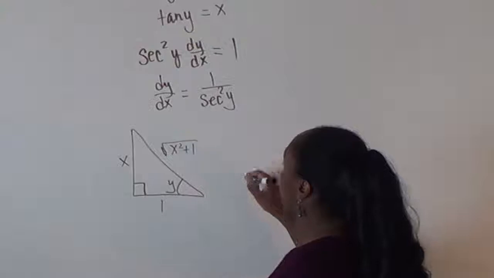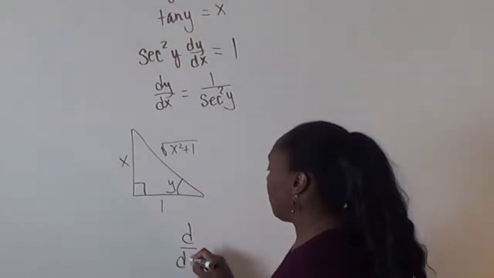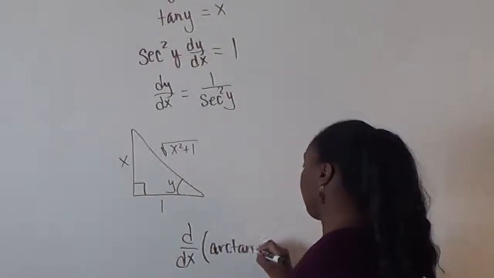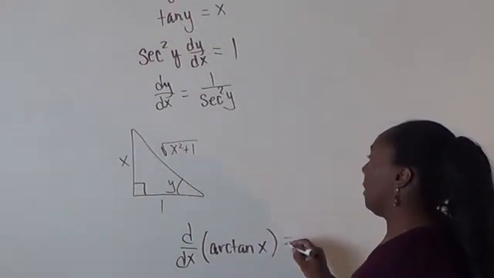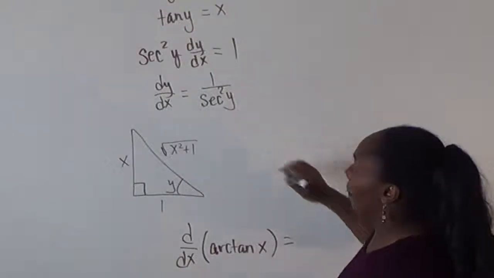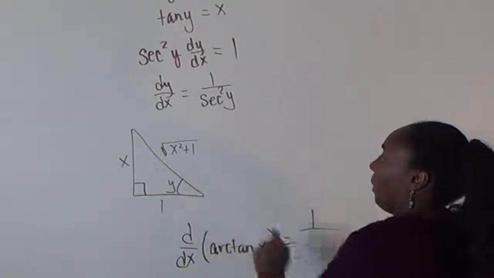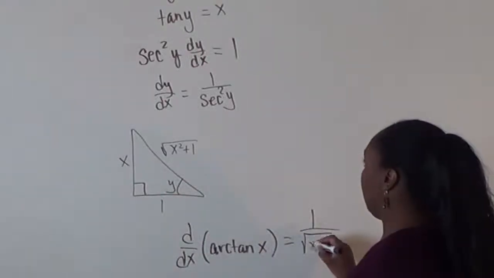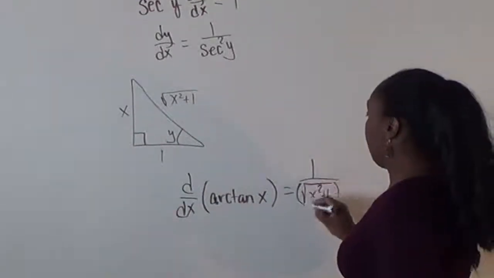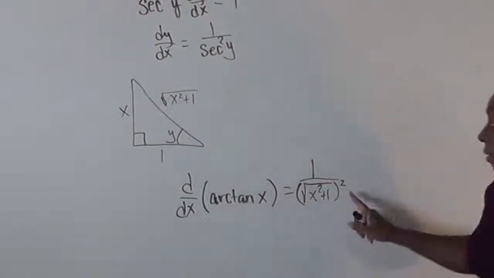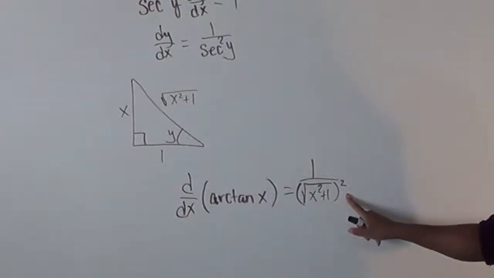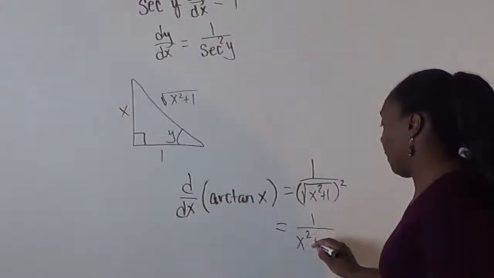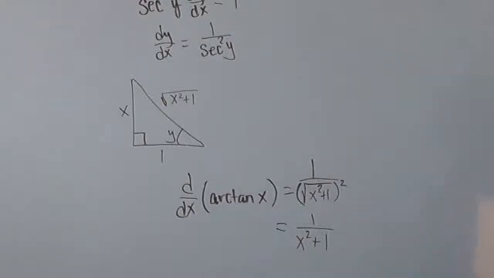So here, the derivative with respect to x of our arctangent is going to equal 1 over our secant, which again is the square root of x squared plus 1. Now notice that secant is squared, so we're going to have to simplify that, and we just get x squared plus 1.